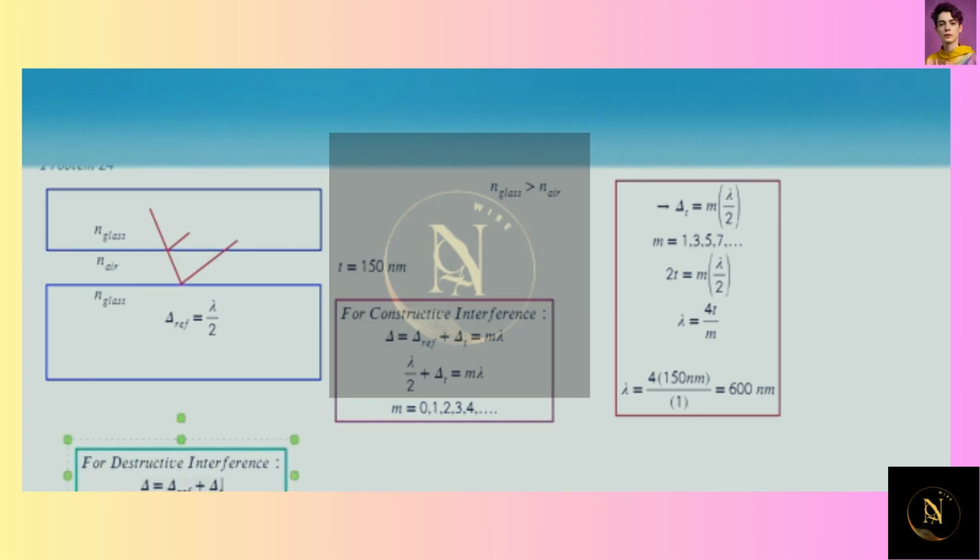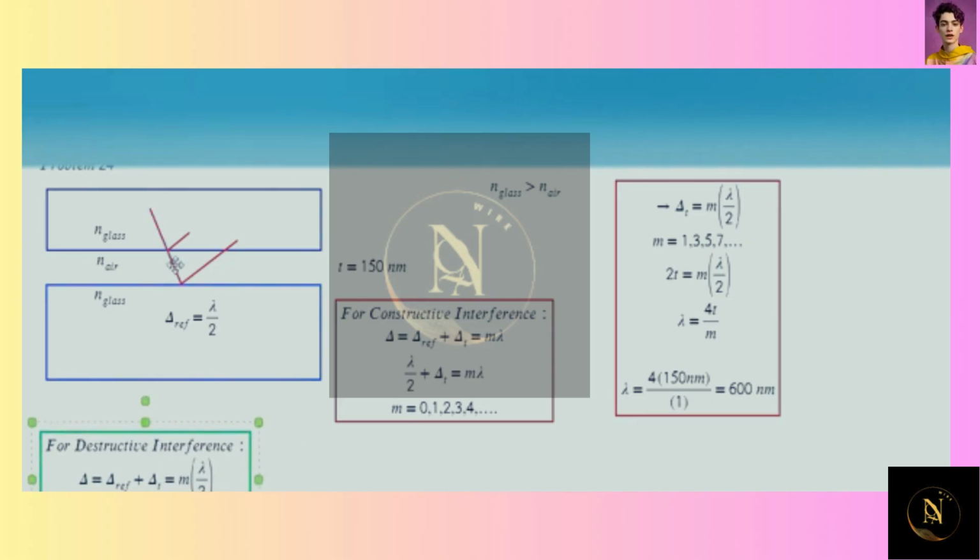However, that sum must be equal to odd integer multiples of half wavelengths. This is for destructive interference now. So m in this case is going to be equal to 1, 3, 5, 7, odd integers.